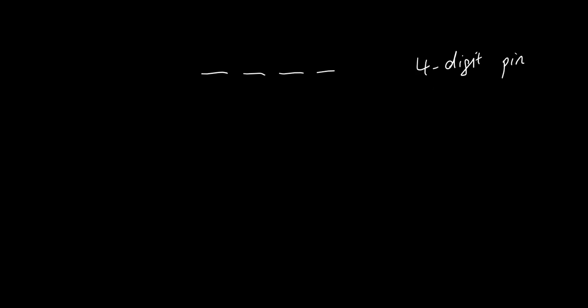So you say for the first one you have 10 options, you have 10 options, you have 10 options, you have 10 options, right? You can choose any of the 10 from 0 to 9. If you calculate that, you get that 10 to the power of 4 is equal to 10,000. So guys, you have 10,000 4-digit pins that are possible in the world.